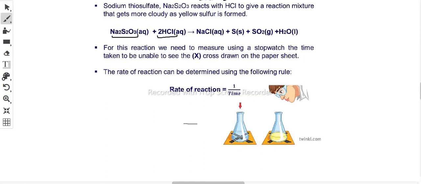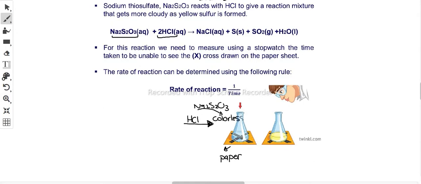Look at the diagram, the figure which is presented right here. Inside the flask, according to the experiment, you're going to bring a piece of paper, and there will be a cross. Both solutions presented inside the flask, the HCl and the sodium thiosulfate, are colorless at the beginning of the experiment.